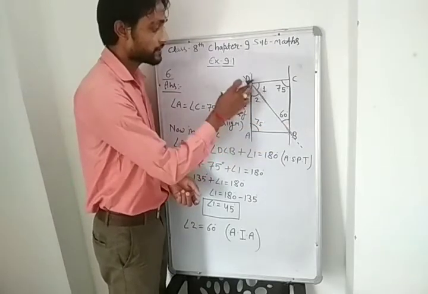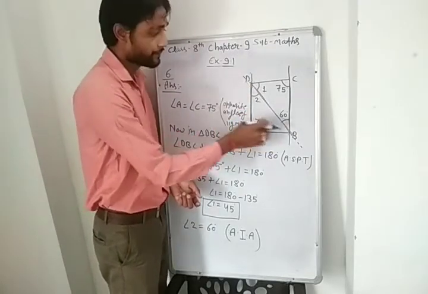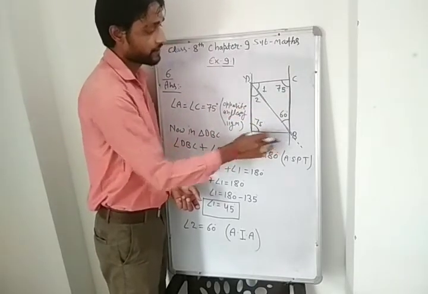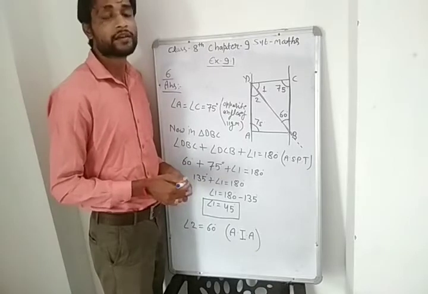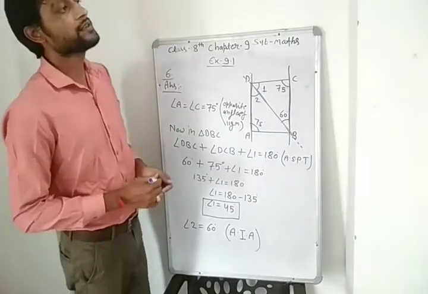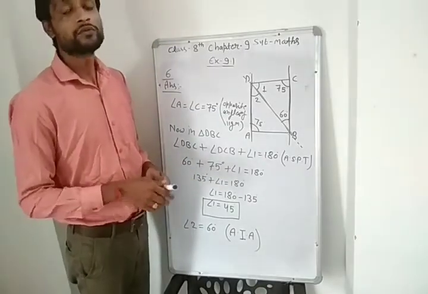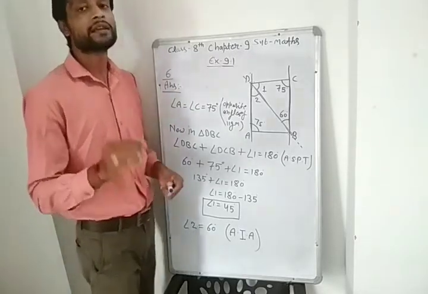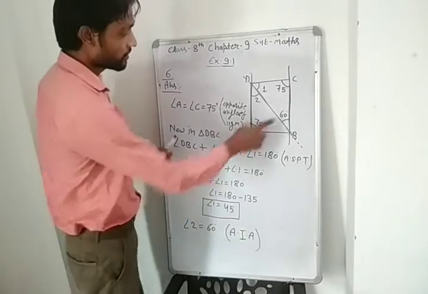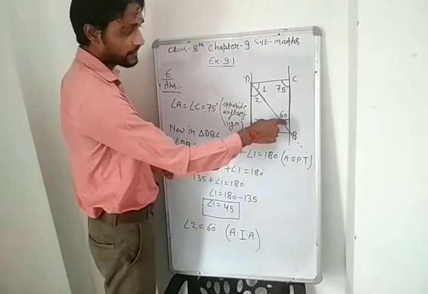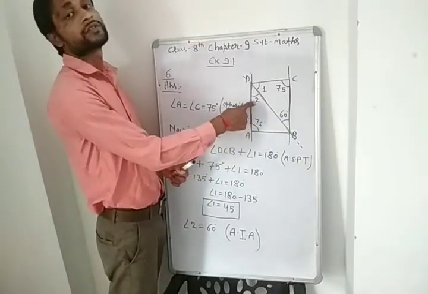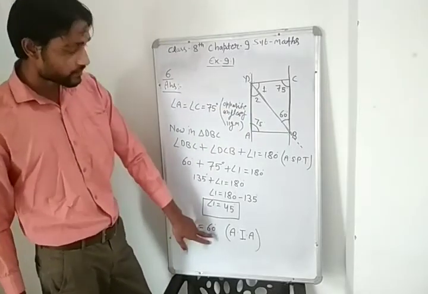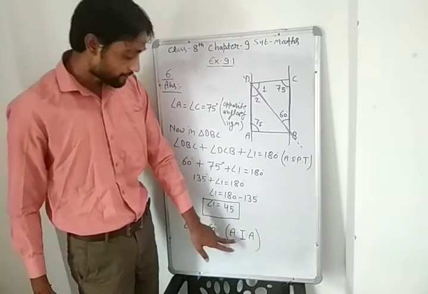Alternate interior angles are equal to each other. So if this one is 60, then this one is also 60. That's why I write here angle 2 is equal to 60 degrees.